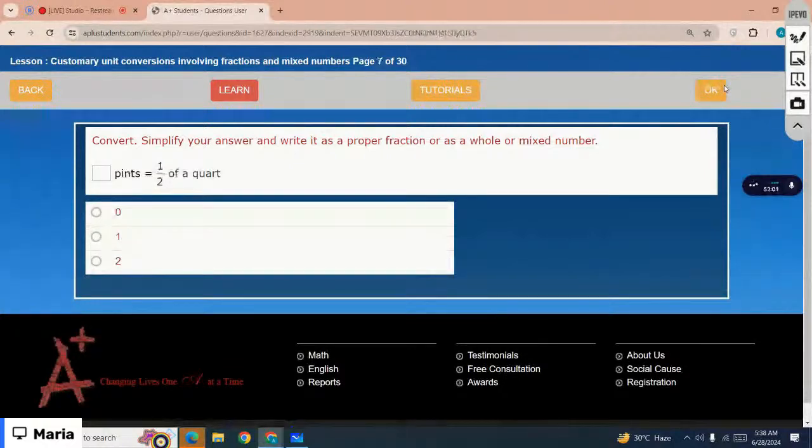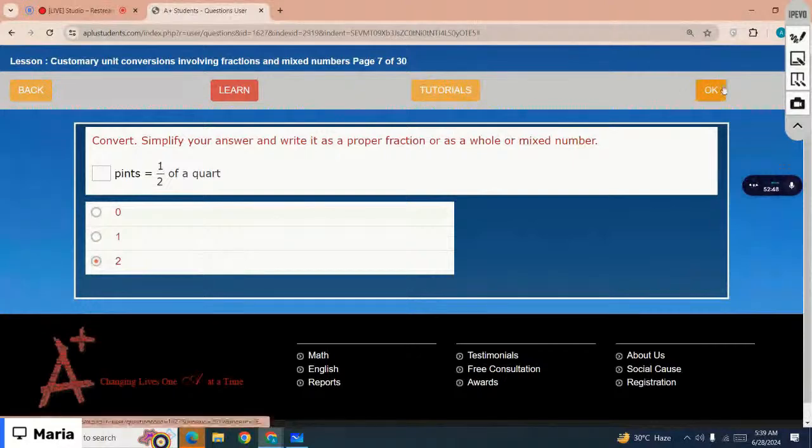How many pints equal half of a quart? That is 2 pints equal half of a quart.